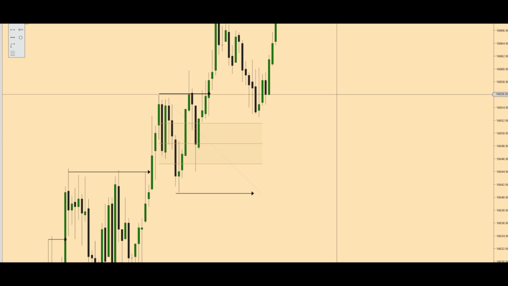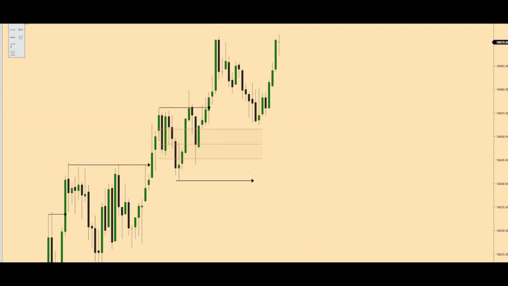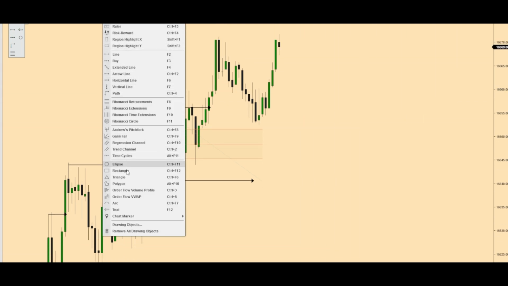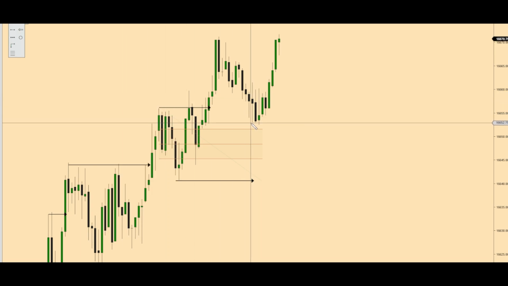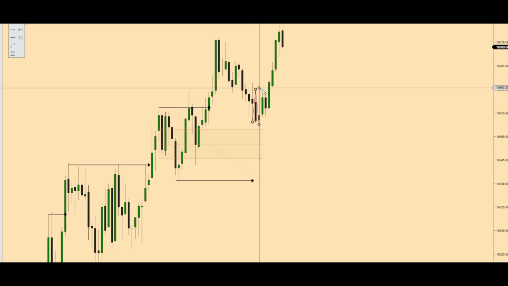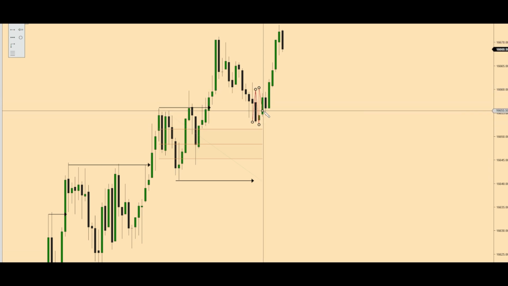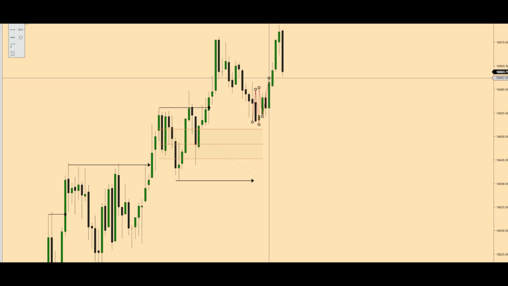I think right here there was a candlestick shift, but it was so subtle. You have a high, low, sweep that high, back in, and go.